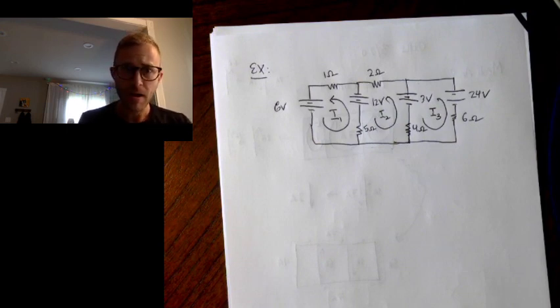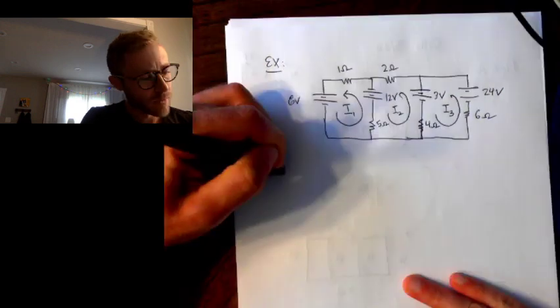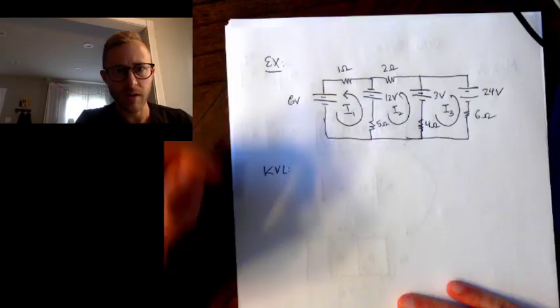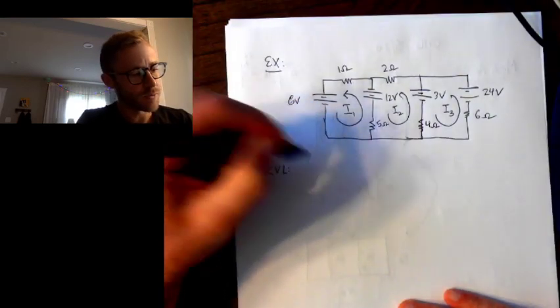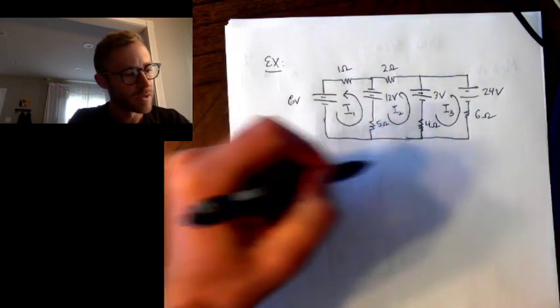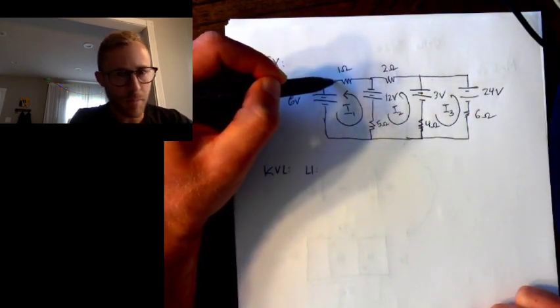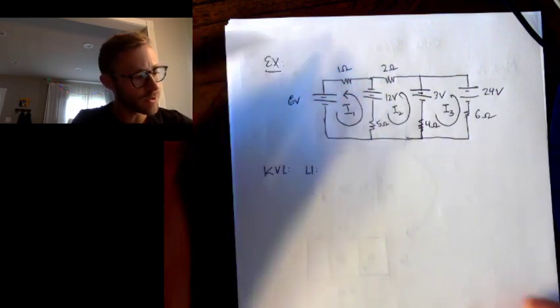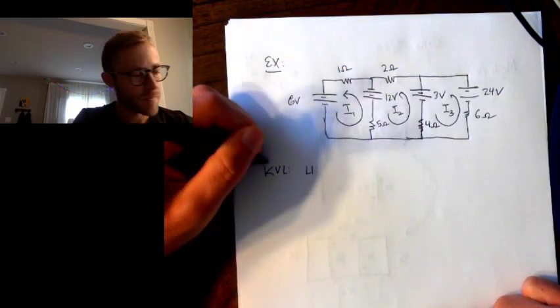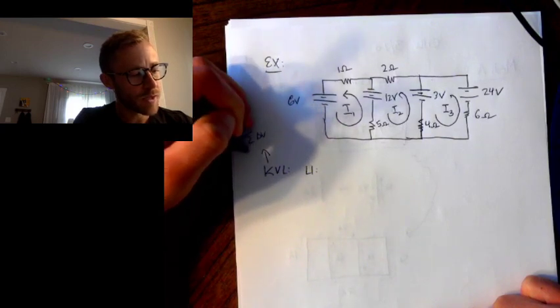Okay. And so what I'm going to do is write a KVL equation for the left loop. So I'll say loop 1, the left part of the circuit. And remember, KVL says that the sum of the voltage drops around a loop has to equal 0.